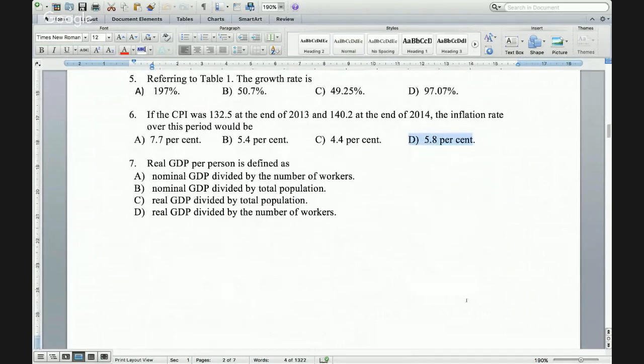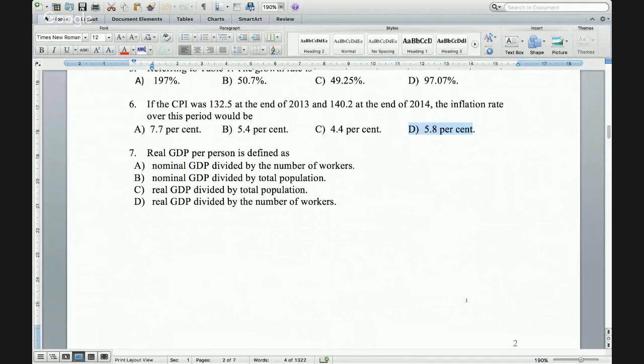Okay, question 7. Real GDP per person. Okay, so per person, I'm just looking at it here. In terms of the options, we see by the number of workers, by total population, or by number of workers. Now, GDP is a measure of productivity.